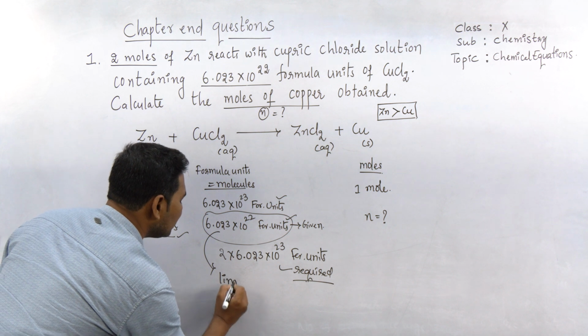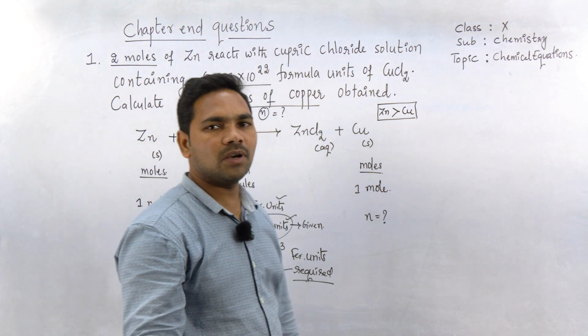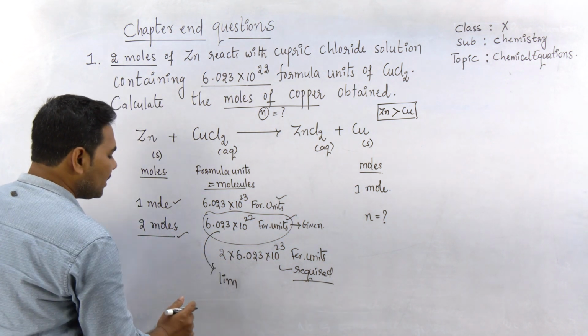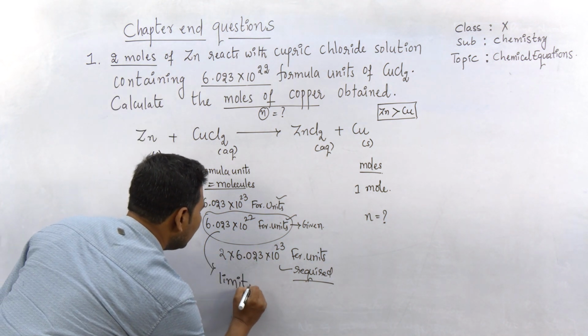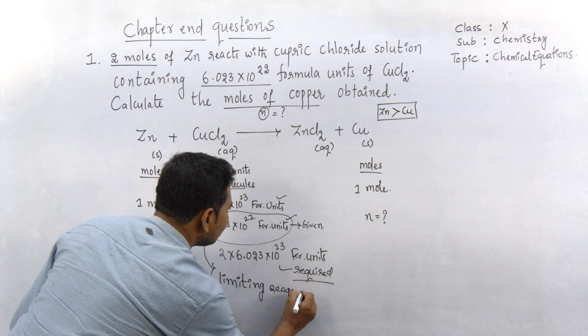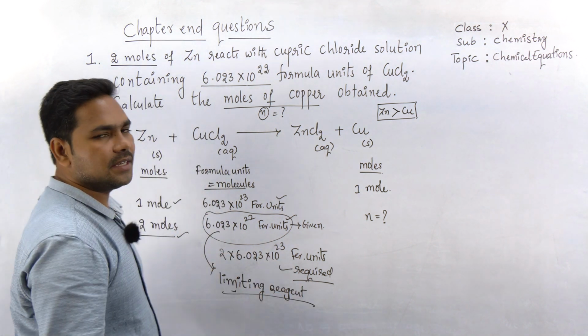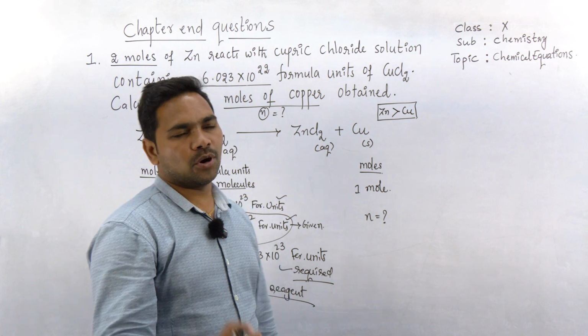The reactant that is less than the required amount is called a limiting reagent. So we write it is the limiting reagent, and this limiting reagent decides the amount of products produced.